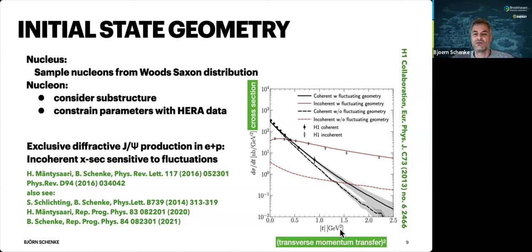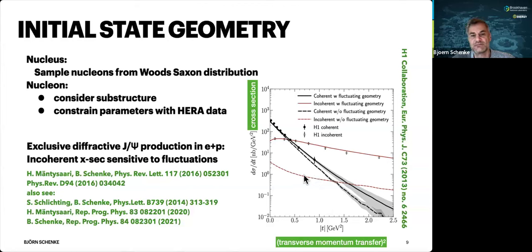So you see at low transverse momentum transfer, or Mandelstam t here, essentially that's the transverse momentum of the J/psi that's measured, squared. At low t, the coherent dominates. And the coherent, in fact, is sensitive to the size of the target. So via Fourier transform, this slope here essentially is the inverse of the target size.